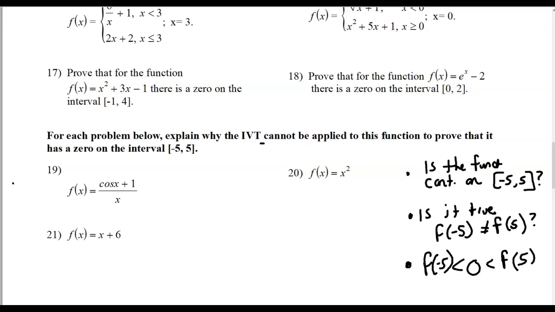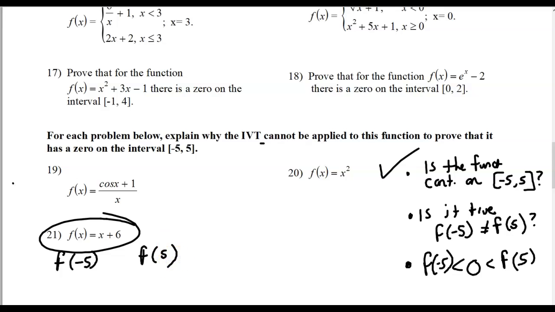All right, so is it continuous? Yes, it is. It's a polynomial. Check. Is f of -5 not equal to f of 5? Well, let's see. F of -5 is -5 plus 6, which is 1.